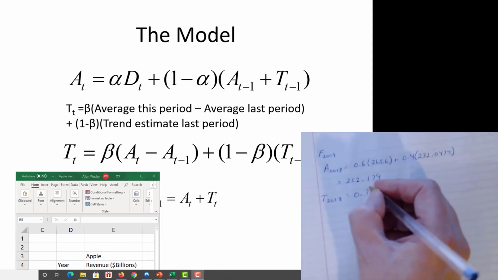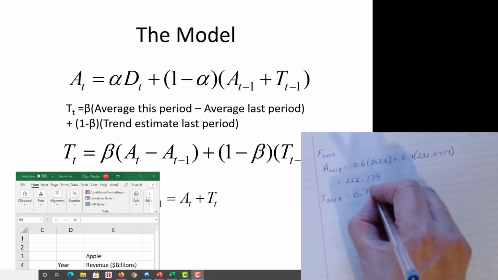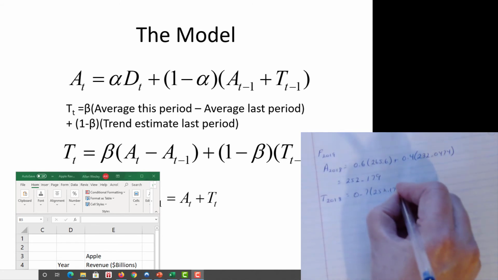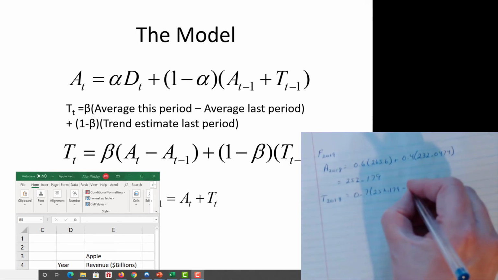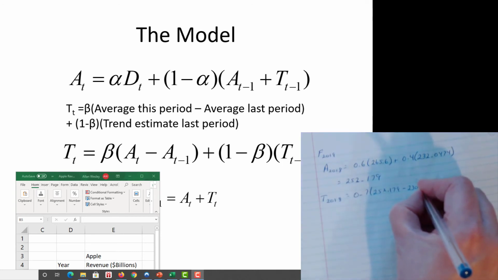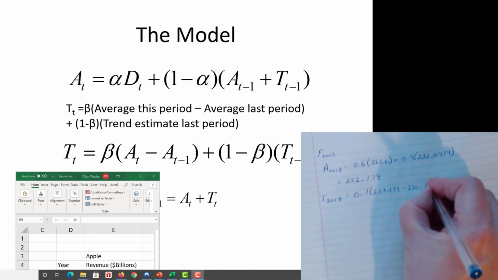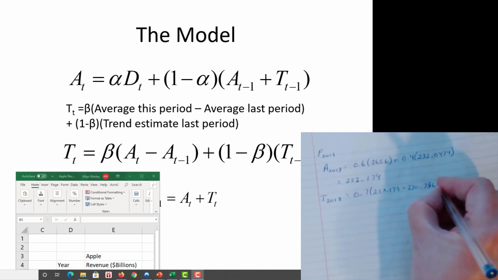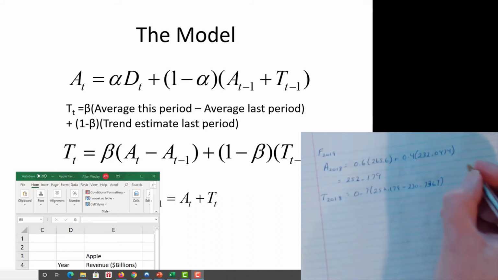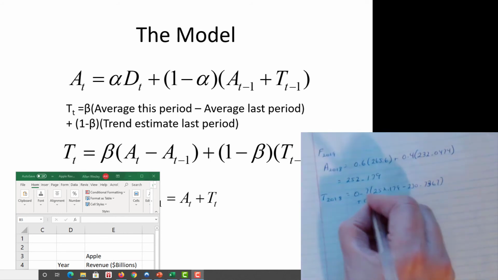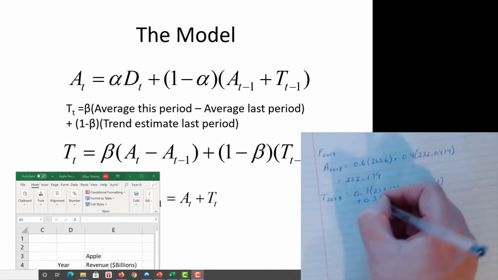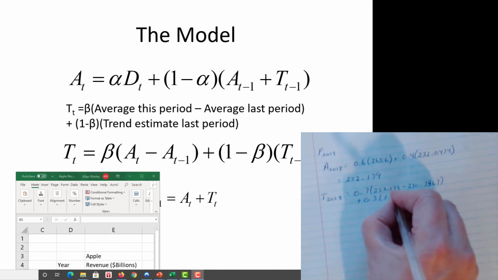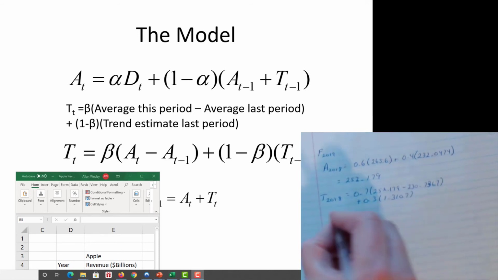0.7, because that's the smoothing constant, times the difference between the two averages, so 252.179 from before minus 230.7367, plus 0.3 times the previous trend of 1.3107.